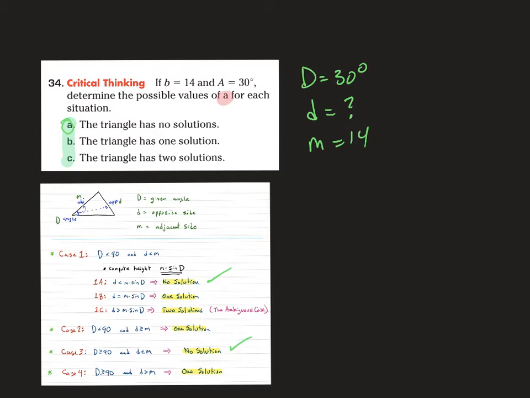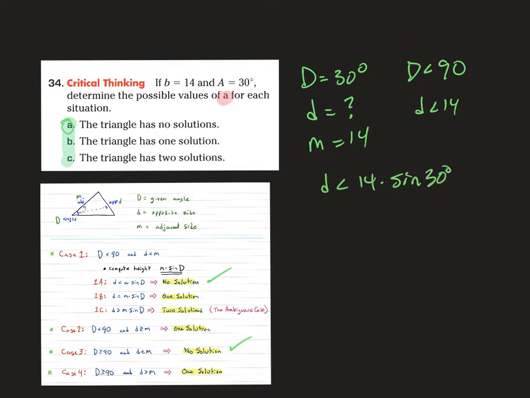So I know D is less than 90, right? And I need D to be less than M, so D is going to be less than 14. And then we need to have D also be less than M times sine D. So I also need D to be less than 14 times sine of 30.